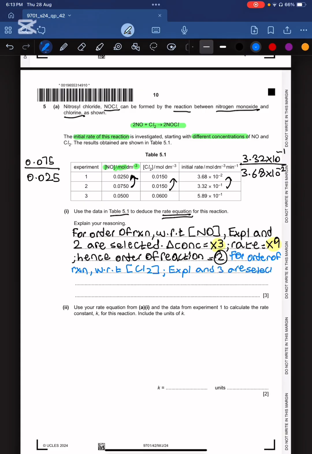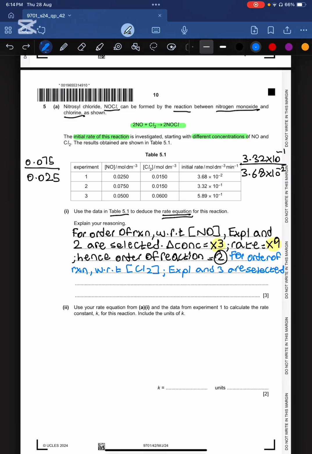Now, let's see why did I select experiment 1 and 3. I should have essentially selected the two experiments wherein the concentration of Cl2 changes and the concentration of NO does not change. But do we have any two experiments where the concentration of NO does not change? In all three cases, it's different. So now, what I can do is, I know what the change in the rate of reaction is when NO takes a part in it.